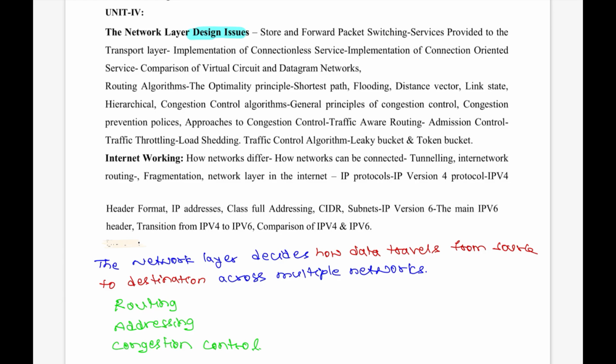Store and forward packet switching, and the connectionless datagram versus the connection oriented virtual circuit.